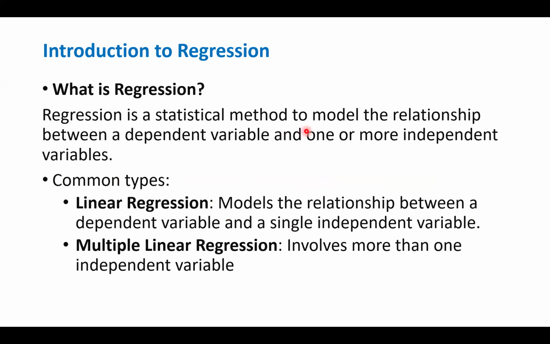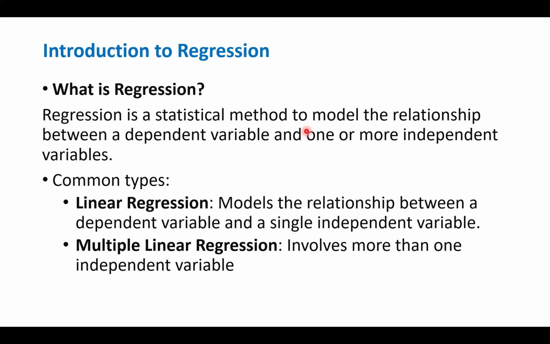As you all know, it's a statistical method to model a relationship between two variables, basically one dependent and one or maybe more independent variables, which are sometimes called predictors.